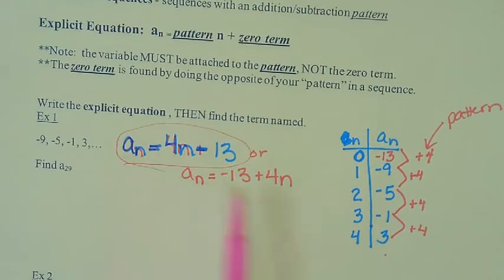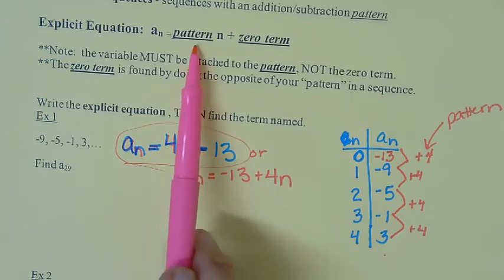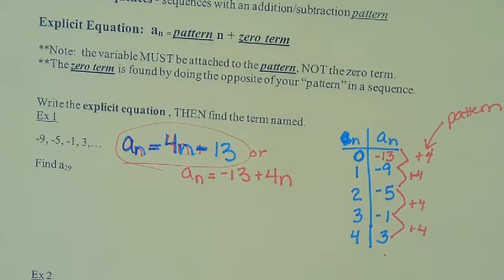Sometimes we like to do it like this. This is a little more like the y equals mx plus b format with your variable first. So it really doesn't matter which way you write it. This is the way that the answer key is written. But if you write it with the variable term first, like the notes are saying, then that works also. Okay? I tend to like to write the variable first myself.